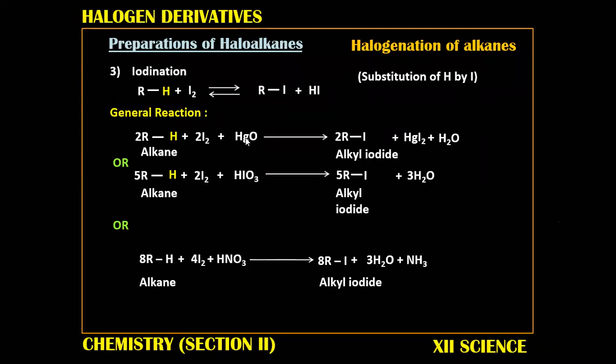So in iodination, there are three reactions. Either use HgO, HIO3 or HNO3. And all three reactions, you will write an example with ethane.